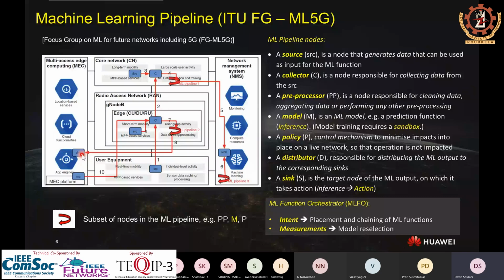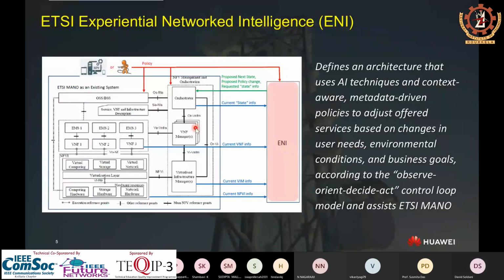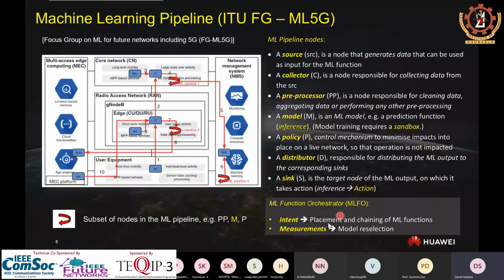In addition to this, interestingly, they introduce a machine learning function orchestrator. So they pretty much copy the idea of MANO, ETSI MANO, and they think of a similar function to have in place to manage and orchestrate.